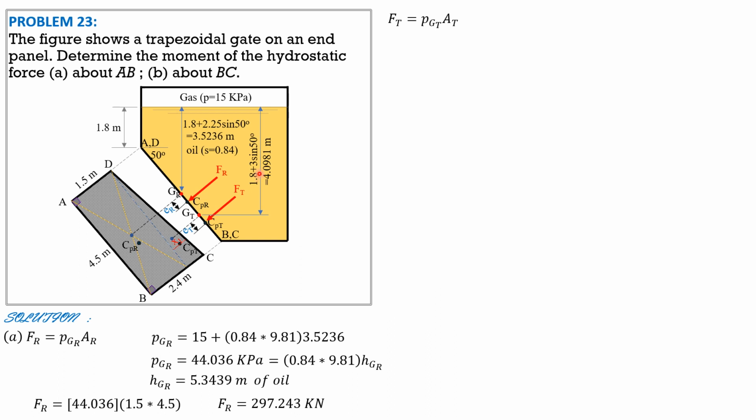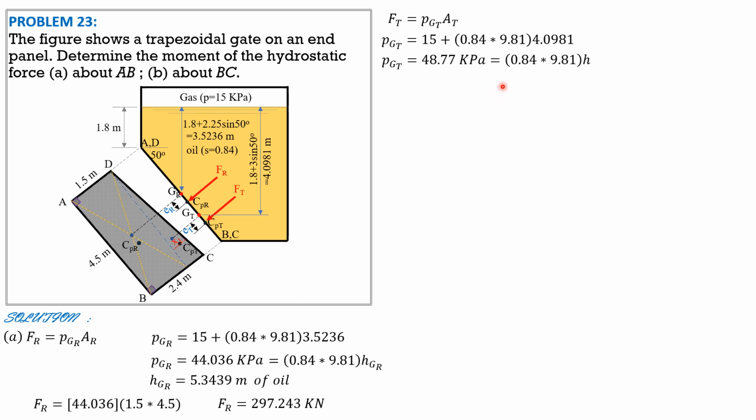So the pressure at the centroid of triangle is 15 plus specific weight of oil 0.84 times 9.81 times this vertical distance 4.0981.